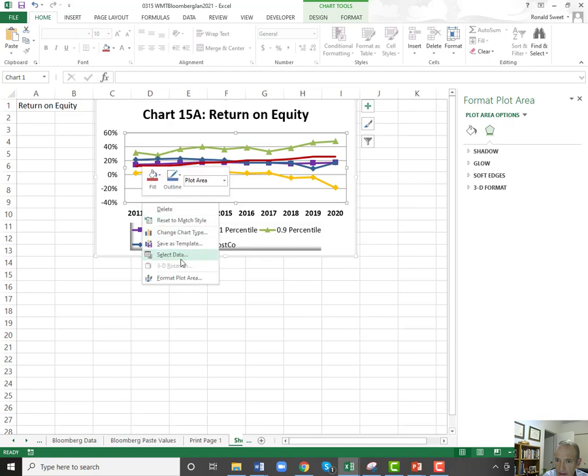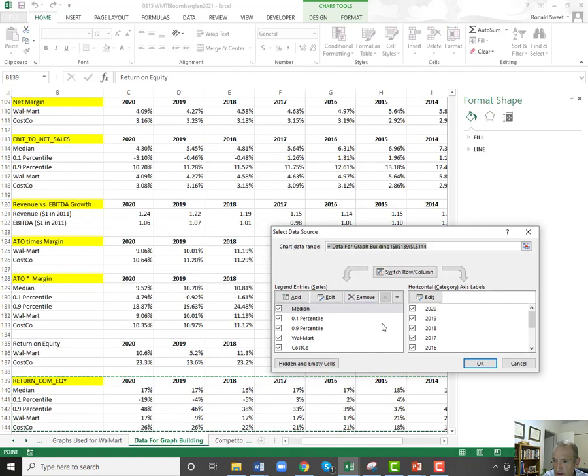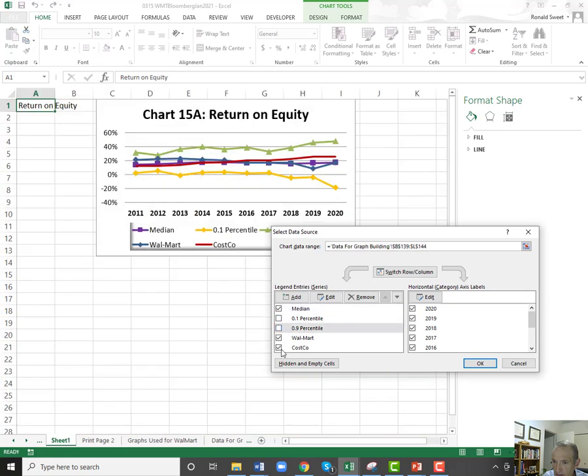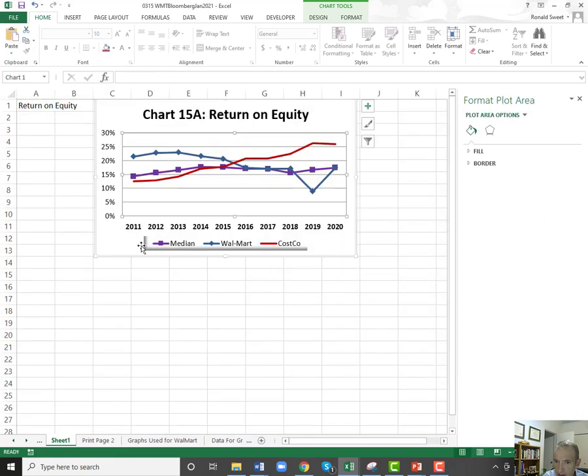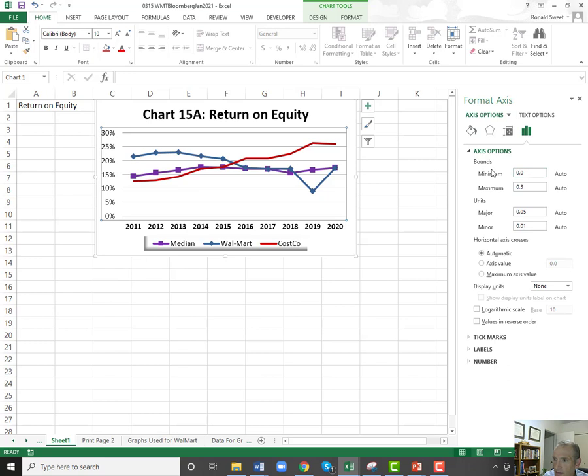So I'm going to select the data and let's see what we can do here. Let's take the 90th and 10th percentile. We'll leave Costco in there. And let's change our ranges here just so we can see it a little bit better. Let's start at 10%.